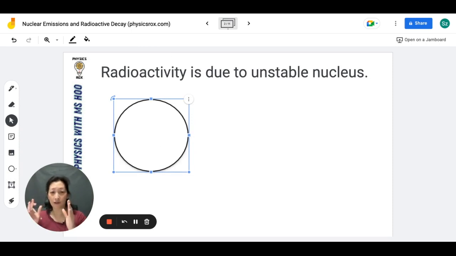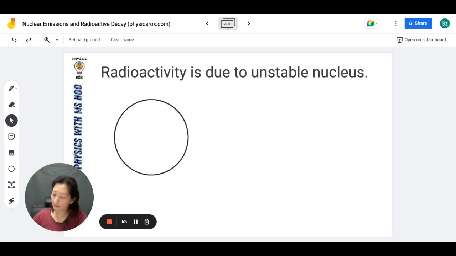We're just focusing on the nucleus. And inside the nucleus, as you should know by now, there are protons and neutrons. Let's say these are all the protons inside this nucleus. And what I'm drawing now are the neutrons.